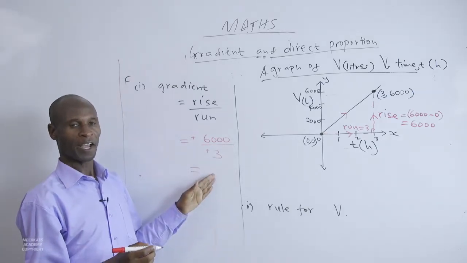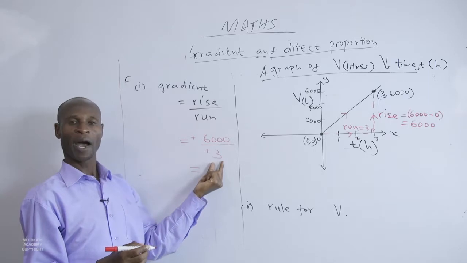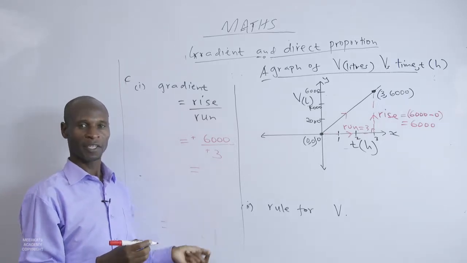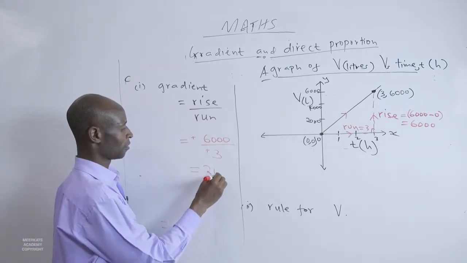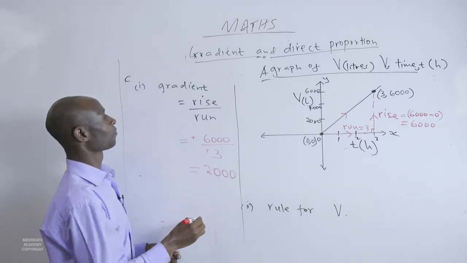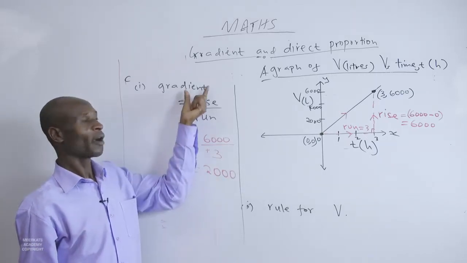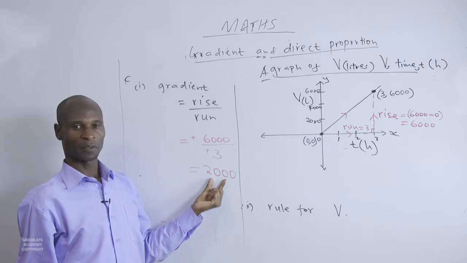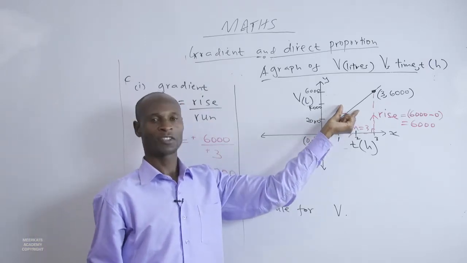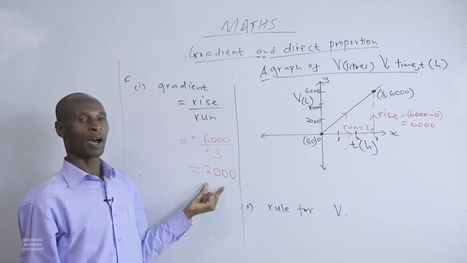If we simplify 6,000 divided by 3, the result is 2,000. And therefore, our gradient is 2,000. So the gradient of this straight line is 2,000.